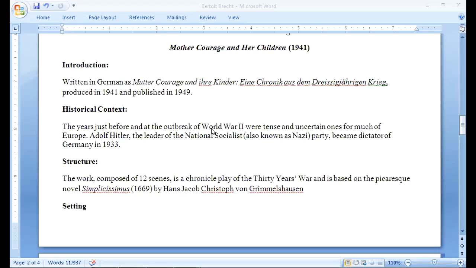I already told you about Nazism and fascism, and about the Second World War. This is mentioned here. The Nazis, national socialists, with Adolf Hitler, a dictator of Germany. It was the cause that the author of the play had to shift to the US, somewhere else.